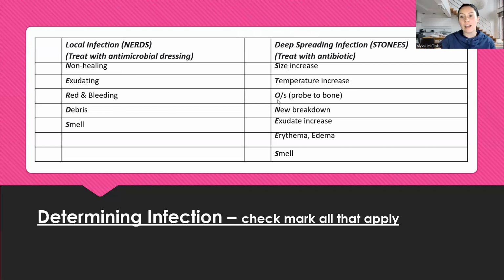So increase in size, temperature increase, you can probe to bone, new breakdown, exudate has increased, erythema, edema, so swelling or redness, and an odor. Okay, so you need 3 of those from either side to clinically treat the wound.